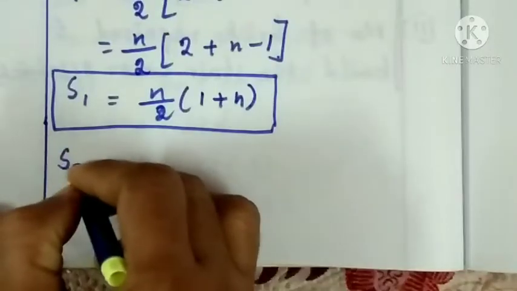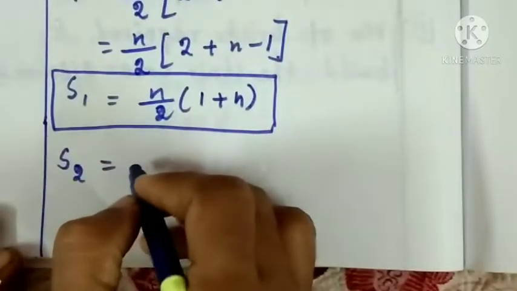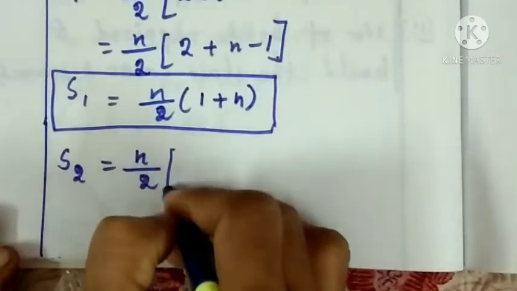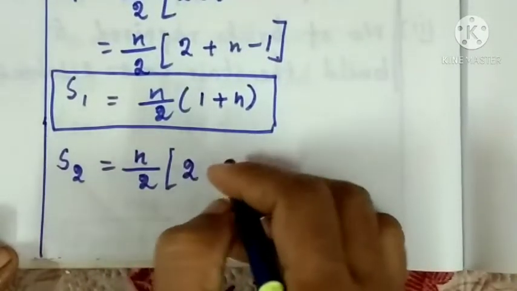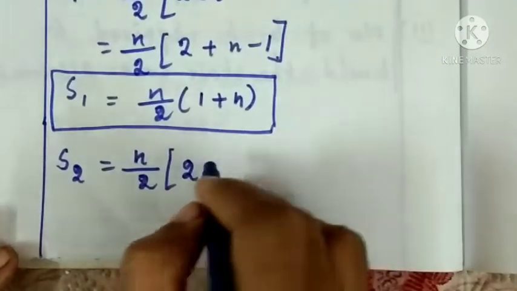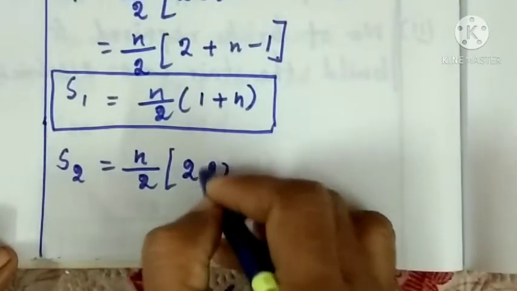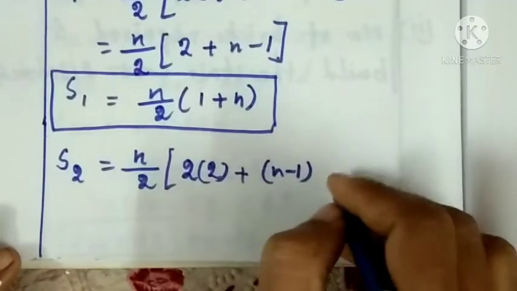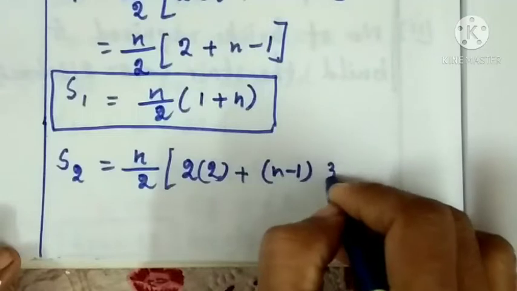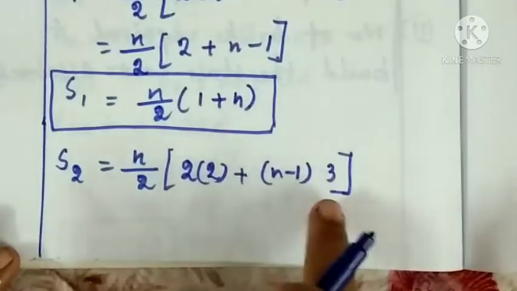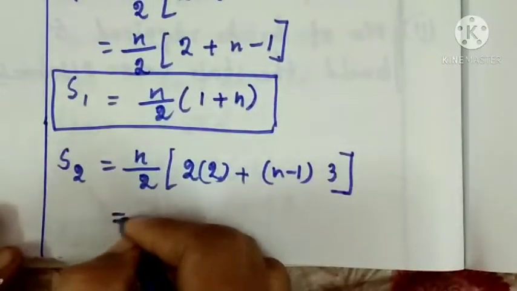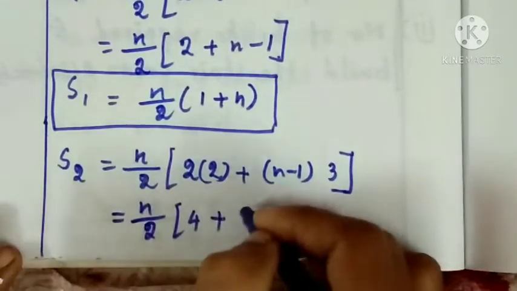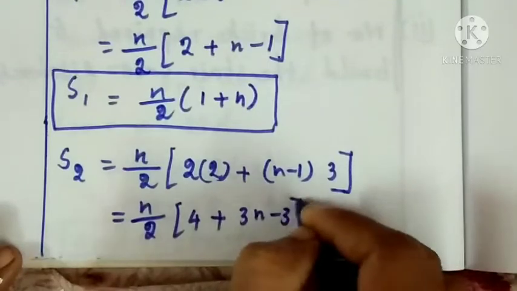Next we have to find the term of S2. For this also, number of terms n, so n by 2 into, here a is 2, 2 into 2 plus n minus 1 into d, here d is 3. Now you have to simplify, and we get n by 2 into 4 plus 3n minus 3.